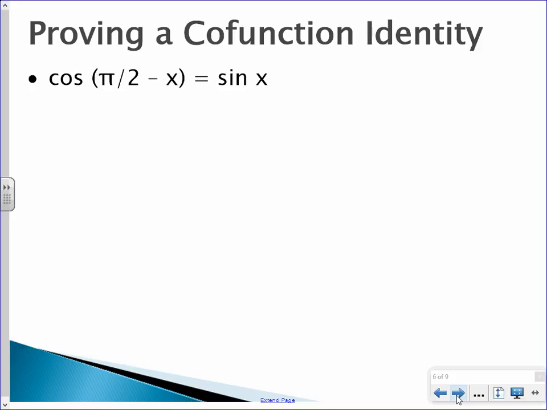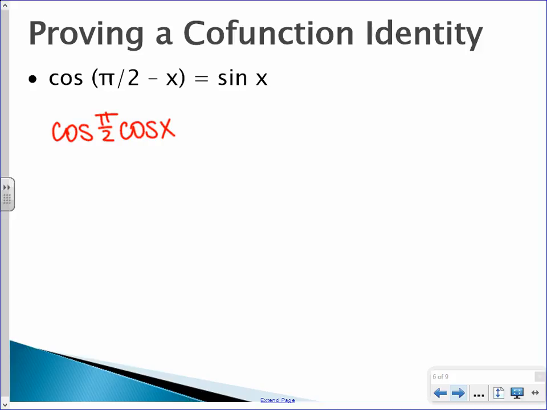Okay, so we need to verify this identity. Which side should we start with? Probably the left side, right? Notice how we have the cosine and inside we have subtraction, right? We have a formula for that, don't we? So we have a difference inside of our cosine, which means we are going to rewrite it as the cosine of u times the cosine of v.